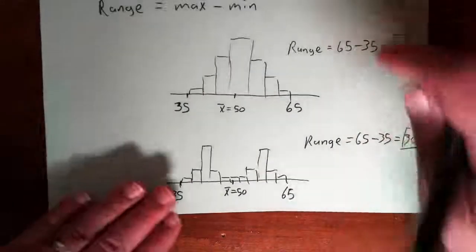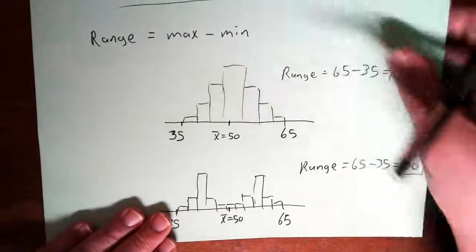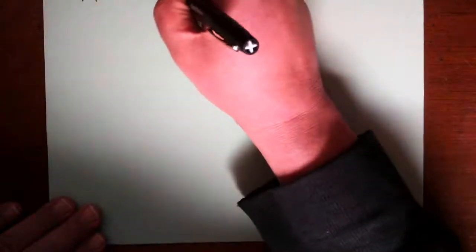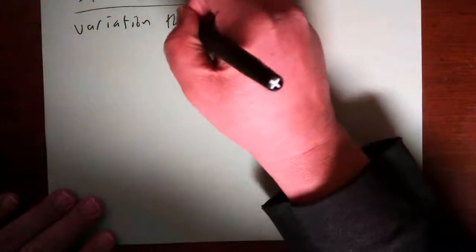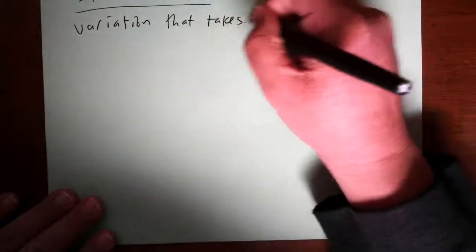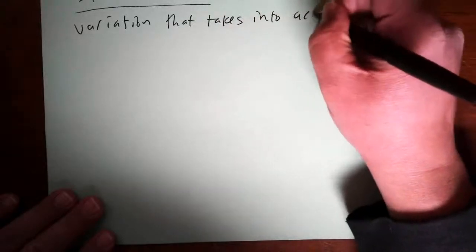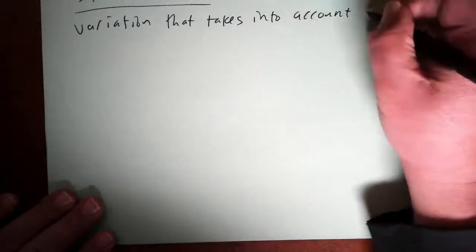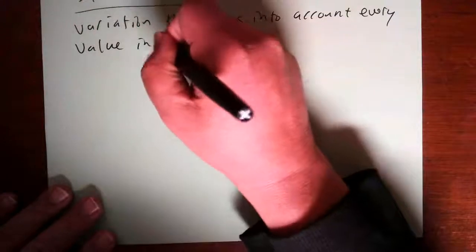And that measure of variation is the standard deviation. Okay? So let's write that down. So the standard deviation, this is a measure of variation that takes into account every value in the data set.